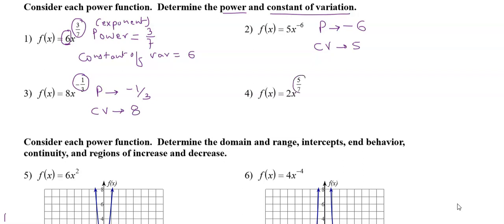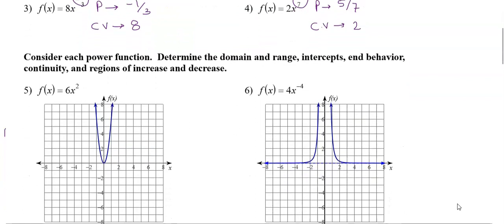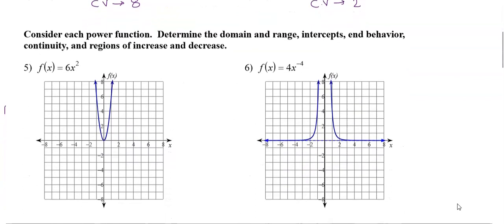In number 4, power is 5 over 7 and constant of variation is 2. Hope it is clear. Okay, let's move on.